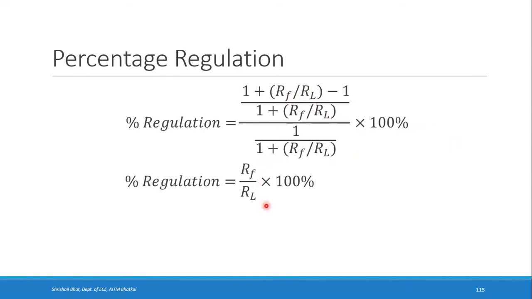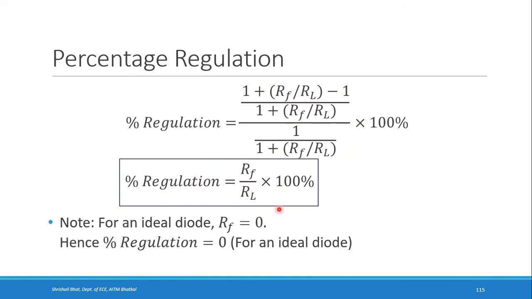So the percentage regulation is actually the ratio of the diode's forward resistance to the load resistance. If you're mentioning it as percentage, you multiply that value with 100 and write this. And as you have seen, in the case of an ideal diode, Rf is 0. So in an ideal diode Rf is 0, so percentage regulation is also 0, just like we had stated in the beginning.